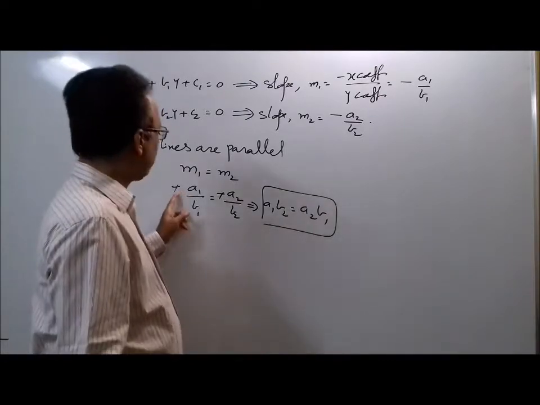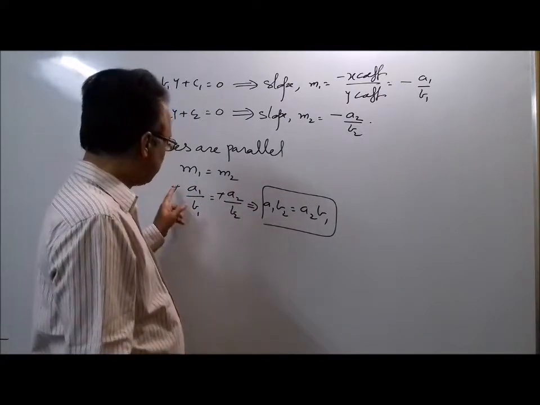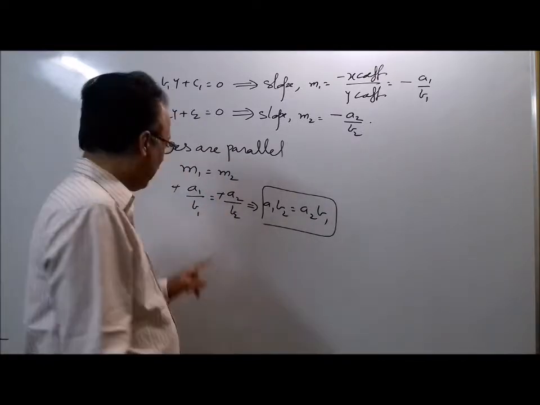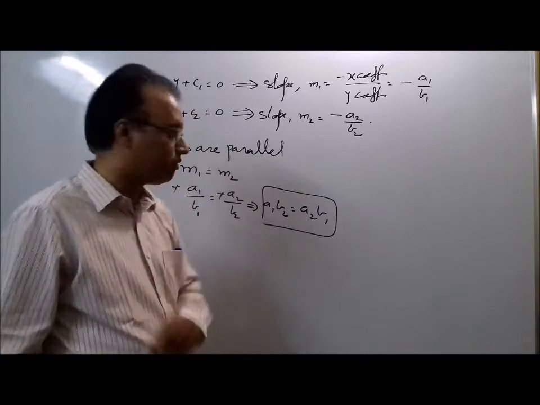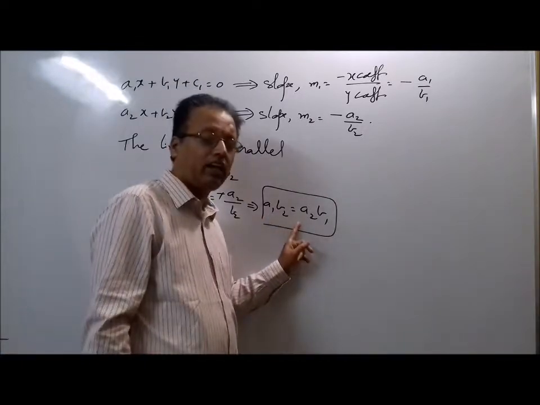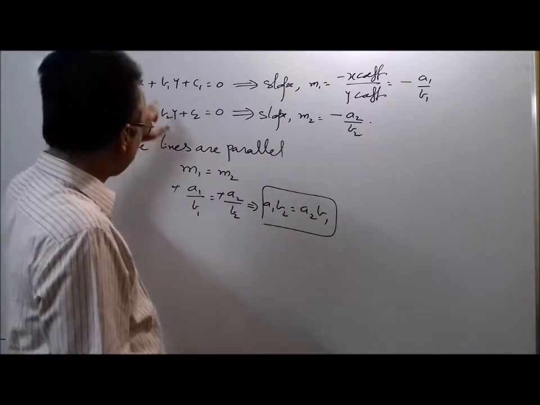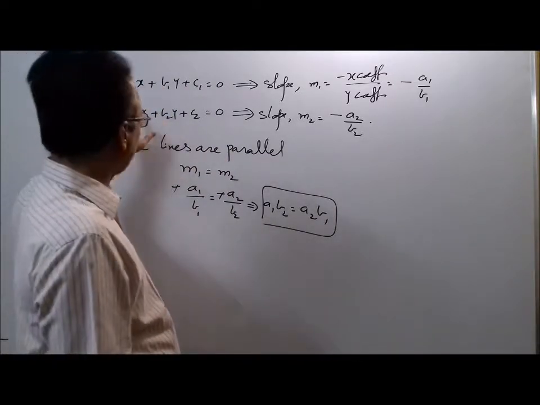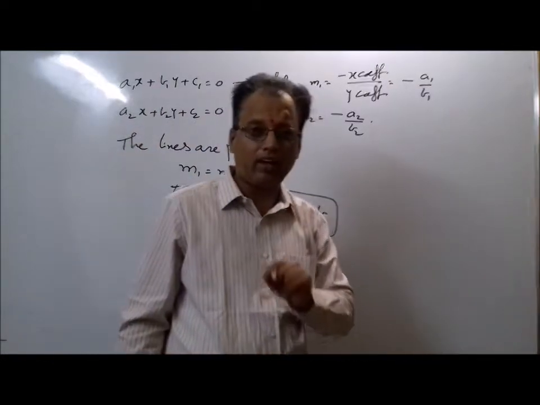So minus a1 by b1 is equal to minus a2 by b2. That is, minus minus cancel, and a1 b2 is equal to a2 b1. So this is the condition when the lines are parallel.